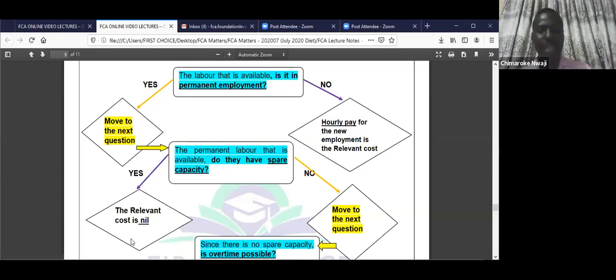Do you know why it is zero? Do you know why, when there is spare capacity, it is zero? This is because these permanent employees are currently in employment.